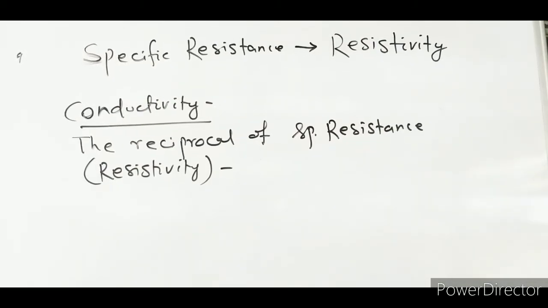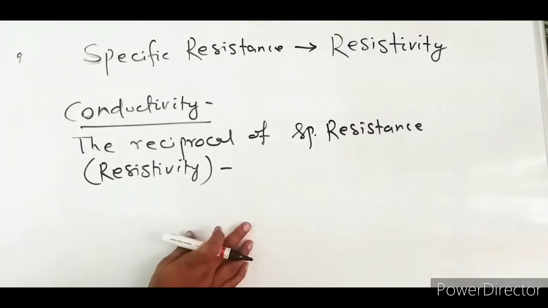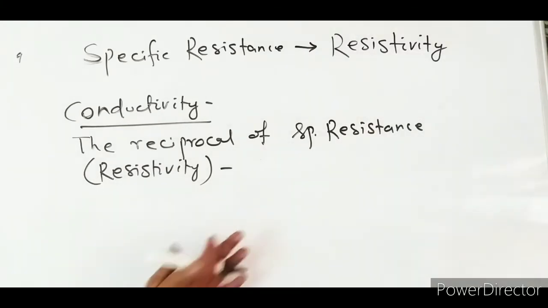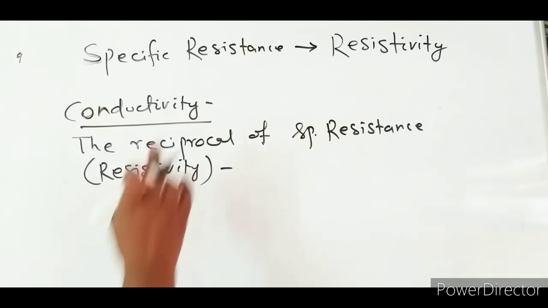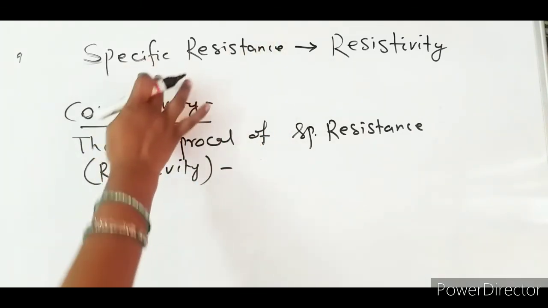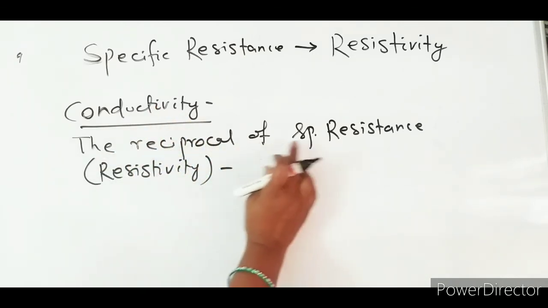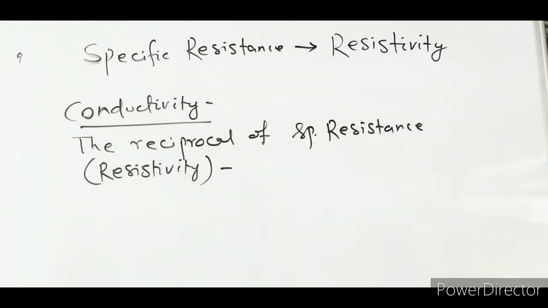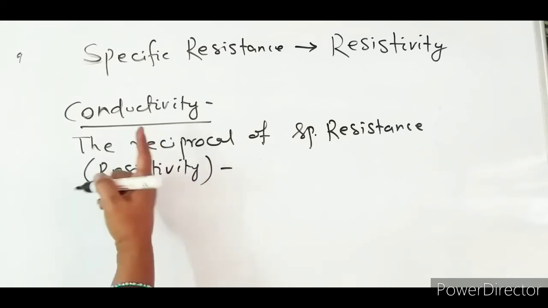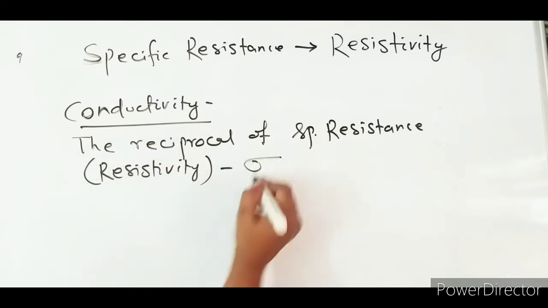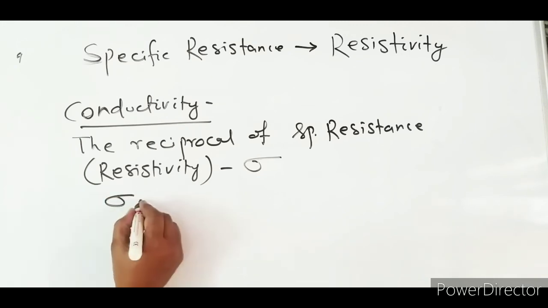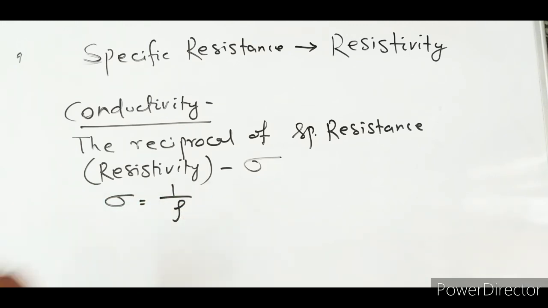The other name of specific resistance is resistivity. We have discussed resistance and conductance; conductance is the reciprocal of resistance. Now we have discussed resistivity, so let us discuss conductivity. Conductivity is the reciprocal of specific resistance or resistivity, represented by sigma. So sigma is equal to 1 by rho.